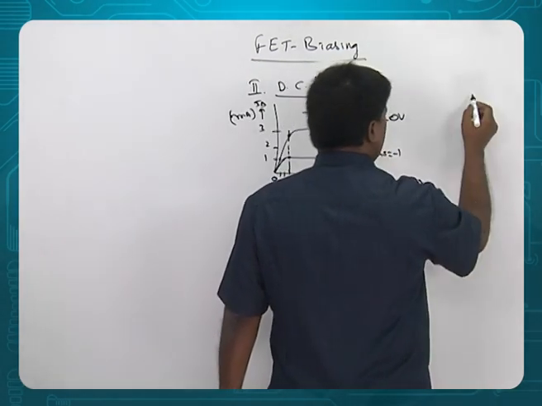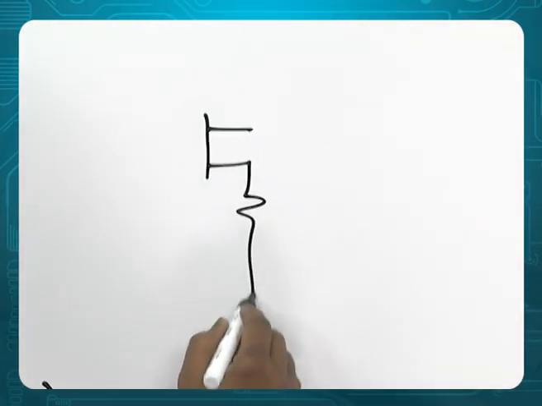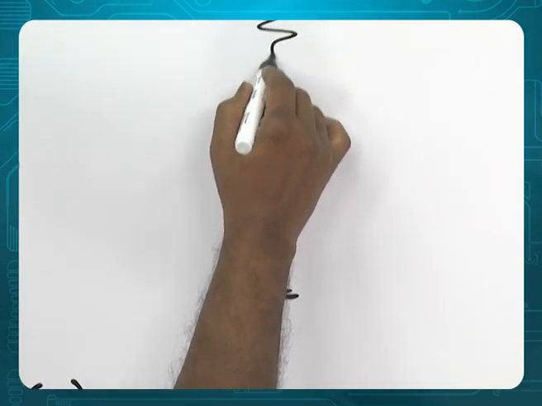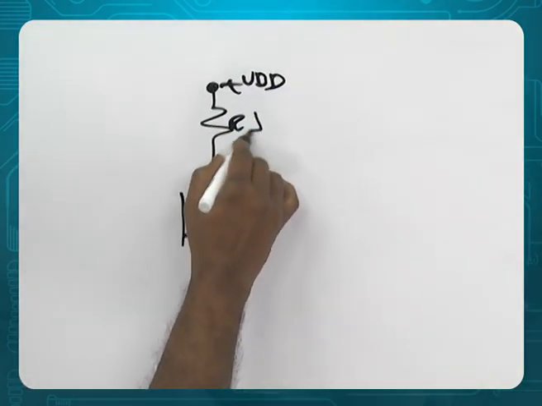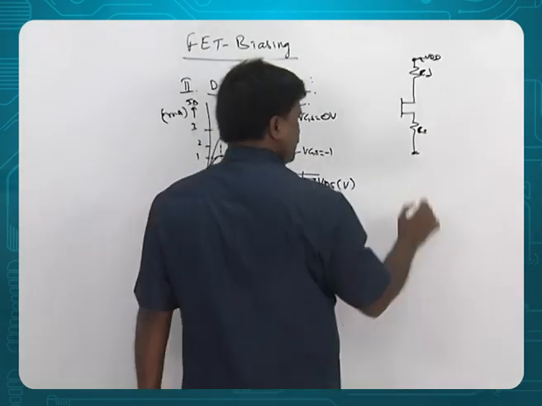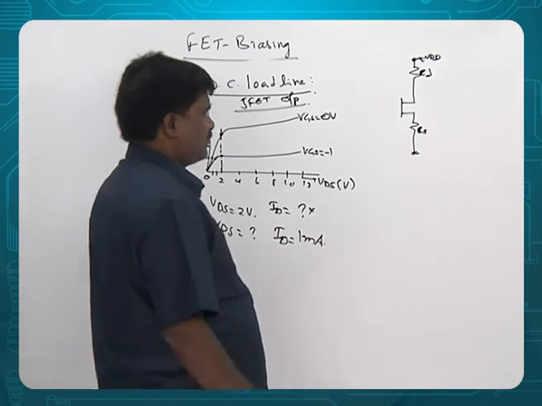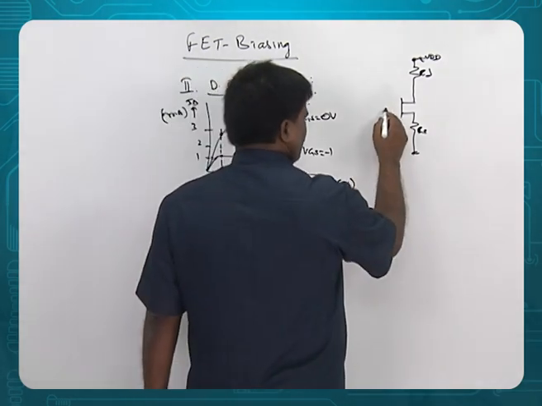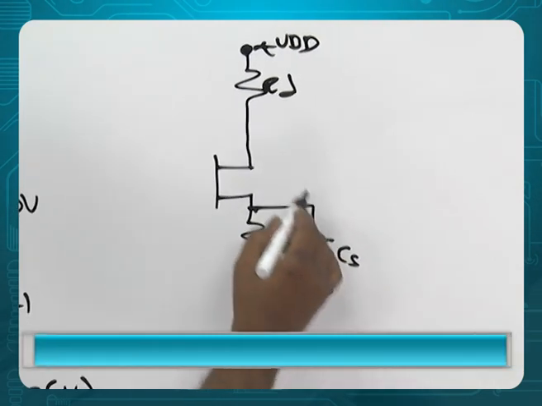For example, take a JFET, VDD, RD, RS. Say there is a capacitor here.